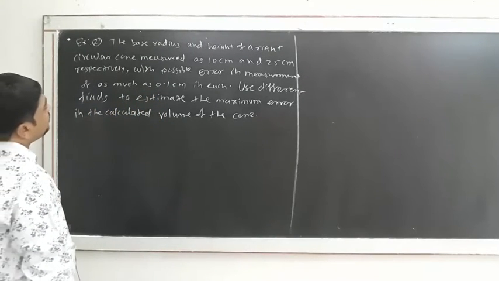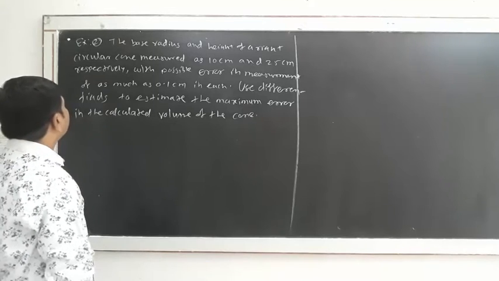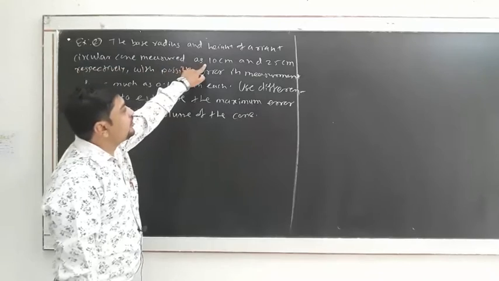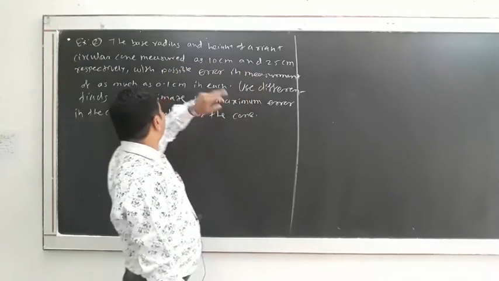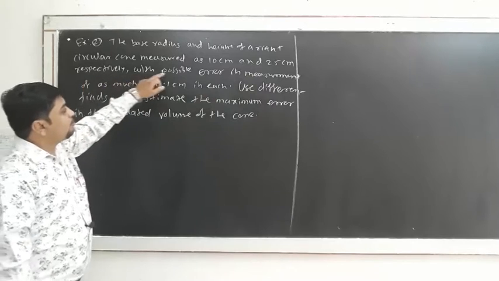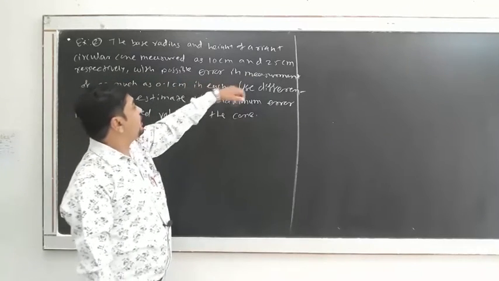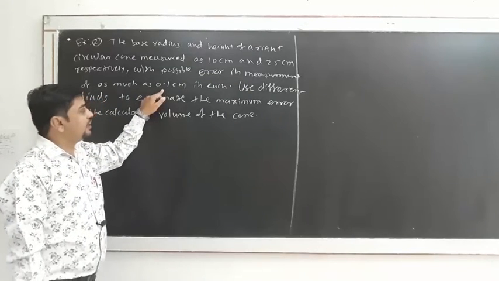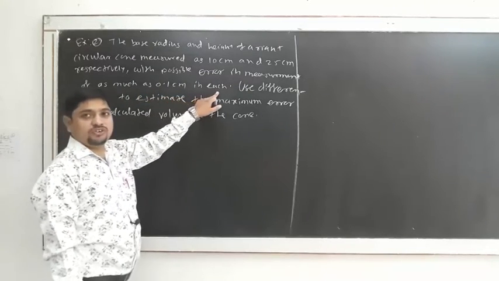The base radius and the height of a right circular cone are measured as 10 centimeter and 25 centimeter respectively, with a possible error in measurement of as much as 0.1 centimeter in each.